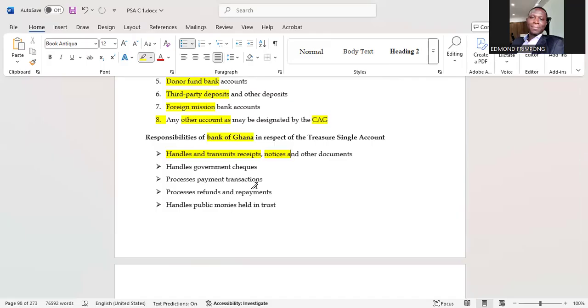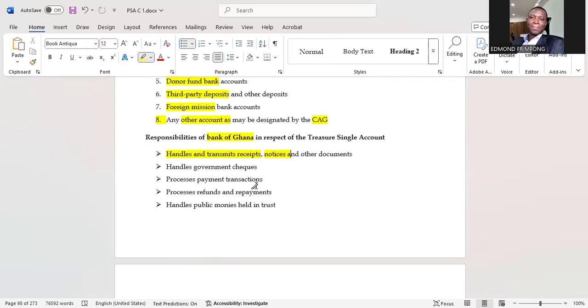So have you heard that there's a Bank of Ghana check? Government will pay you, and the payments will be made from the Bank of Ghana because these people handle and transmit what? Receipts and notices.